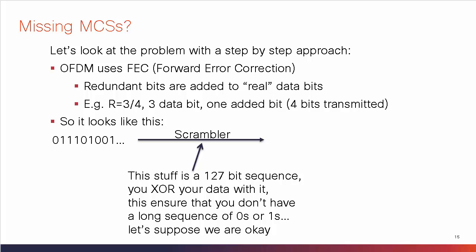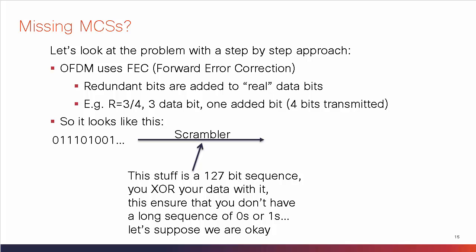That makes the transmission resistant to interference, and we send this redundancy even before we know what interference we might be facing on the channel. This is why it's called forward error correction: we correct the error even before it happens. When you look at a table of 802.11 data rates, typically you will see the modulation being used, 16 QAM, etc., and then the rates, 3/4, 1/2, etc.